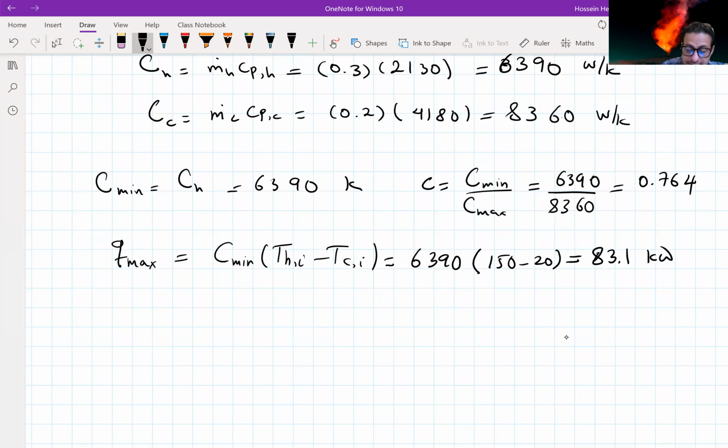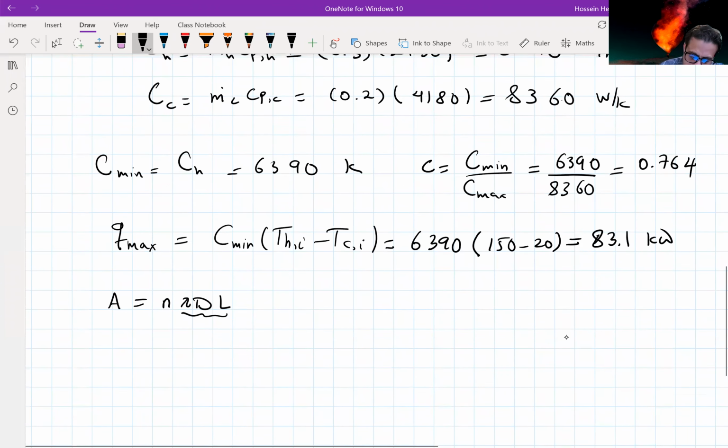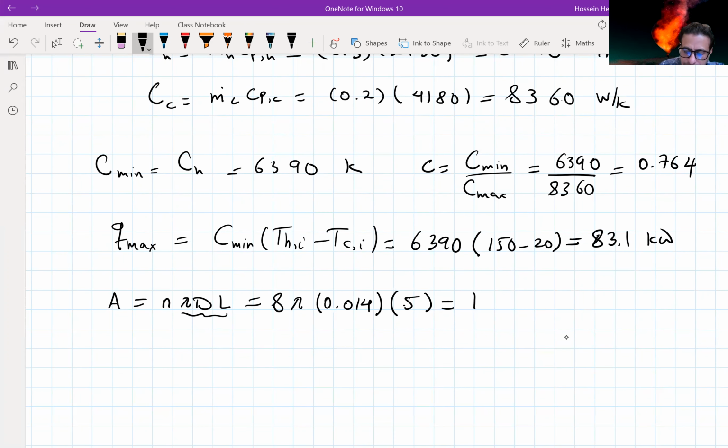Now area is n pi D L. So this is the surface area that each of these tubes provide. Okay, I'm assuming these are like 5-meter lengths. We have 8 of them, so n is going to be 8. So it would be 8 pi, the diameter was 0.14 meter and L was 5, so 1.76 meter square.